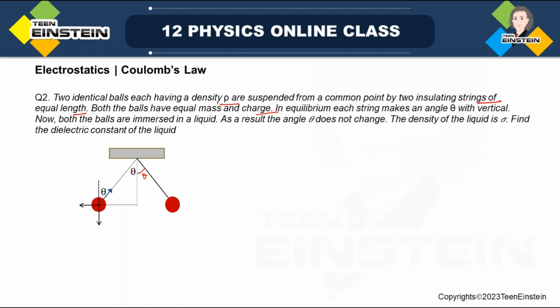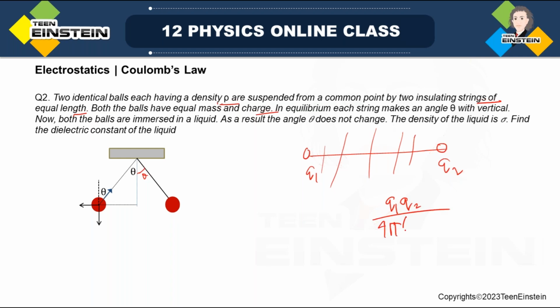To find this dielectric constant, what do you need to know? If there are two point charges, Q1 and Q2, acting along this line, and the intermediate medium is air, we have seen that the Coulomb force is Q1 Q2 by 4 pi epsilon naught r square.